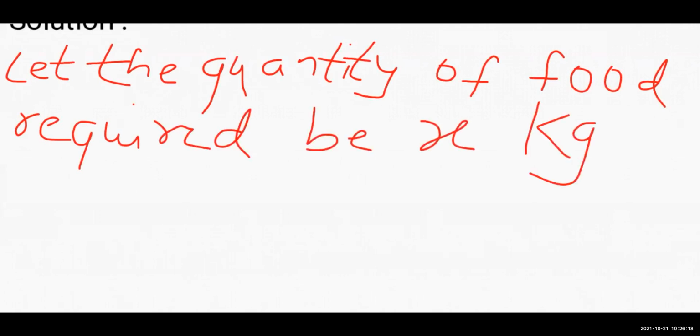See, you are going to do with me only, because I will write one statement and I will rub it down. So with me, you people are going to write it down. So what is our first statement? Let the quantity of food required be x kg. Clear? Okay. Now what will be our second statement?